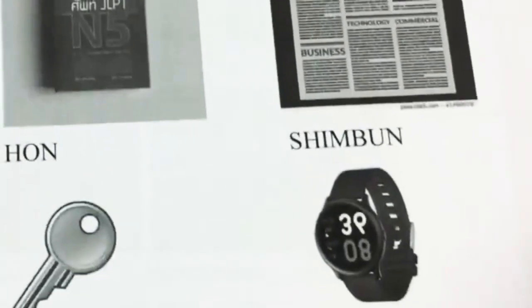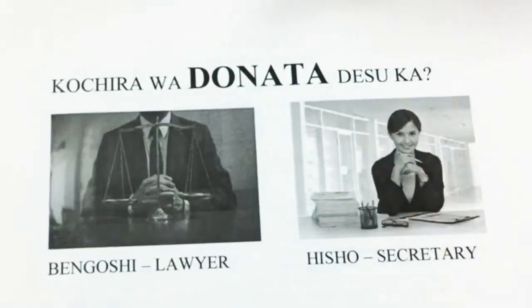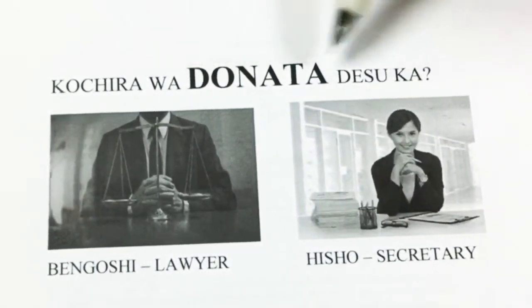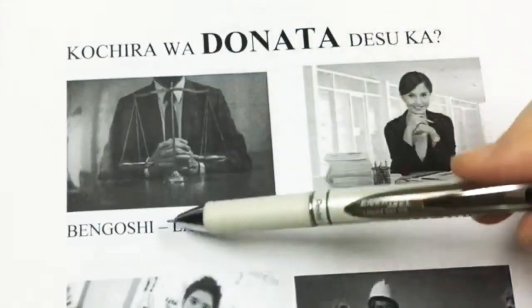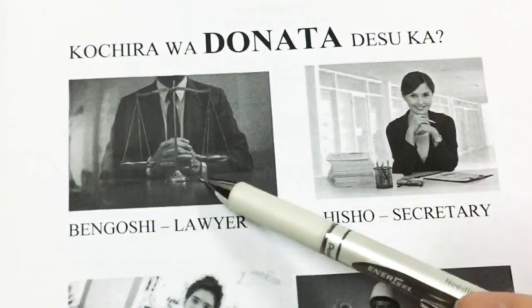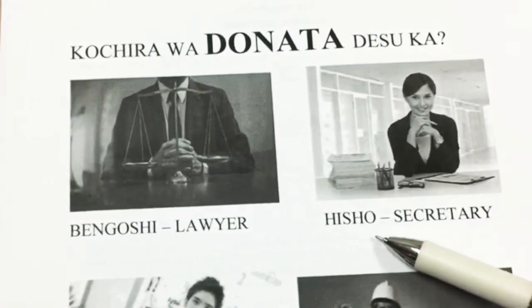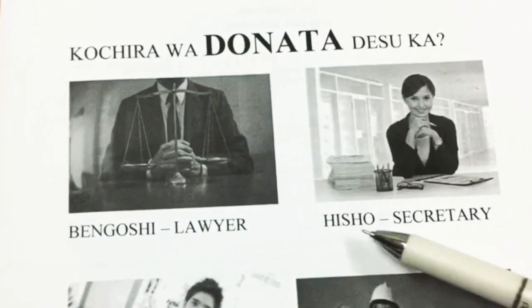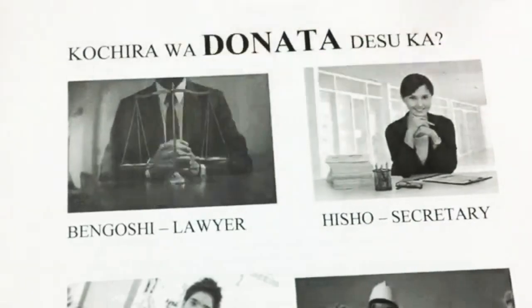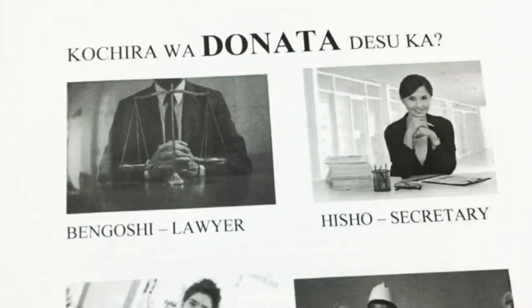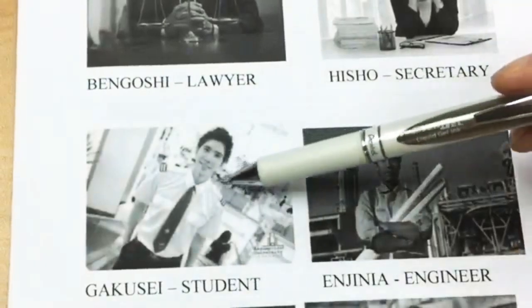So we change the word これ to こちら。こちらは誰ですか? こちらはどなたですか? Who is this? こちらは弁護士です。He is a lawyer. こちらはどなたですか? こちらは秘書です。She is a secretary. 弁護士, lawyer. 秘書, secretary.